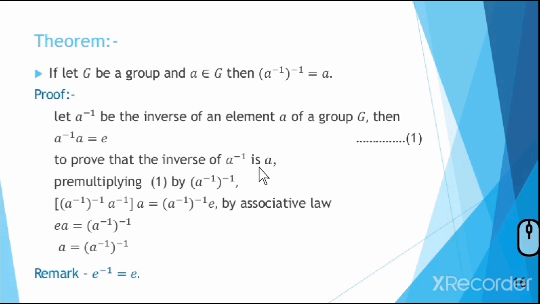To prove that the inverse of A inverse is A, multiply this equation by the inverse of A inverse. Then, using associativity, we get the inverse of A inverse times A inverse A, which is the inverse of A inverse times the identity, and so the inverse of A inverse is EA, which is A. Again it is very clear. Also there is a remark: the inverse of the identity is also the identity. You can see this from this theorem.